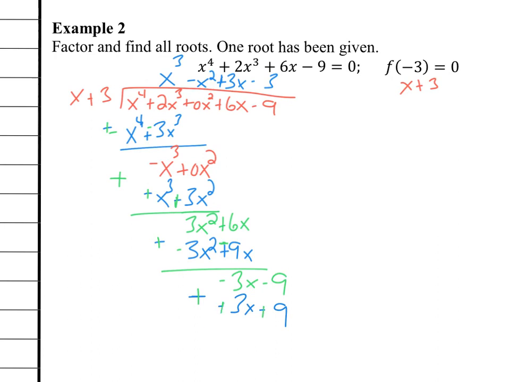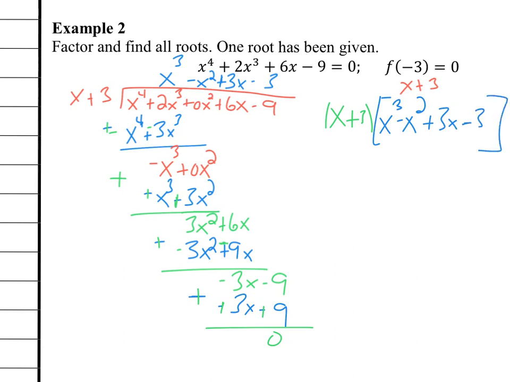All the signs are the exact opposite, so when we add them, we get 0. From there, we need to find the rest of the roots. So we have x plus 3 as a factor because the remainder was 0. And now we have to copy what's left up here in blue. So we have x cubed minus x squared plus 3x minus 3.